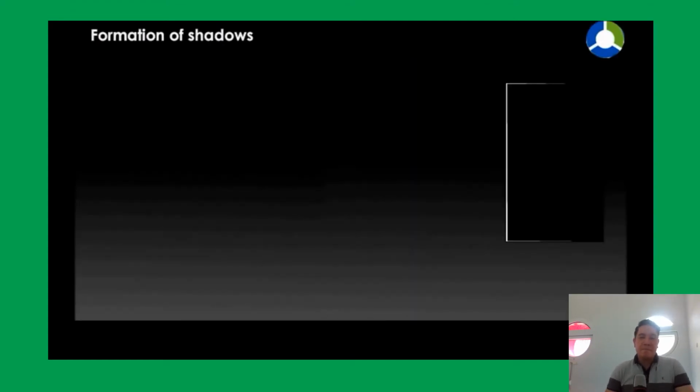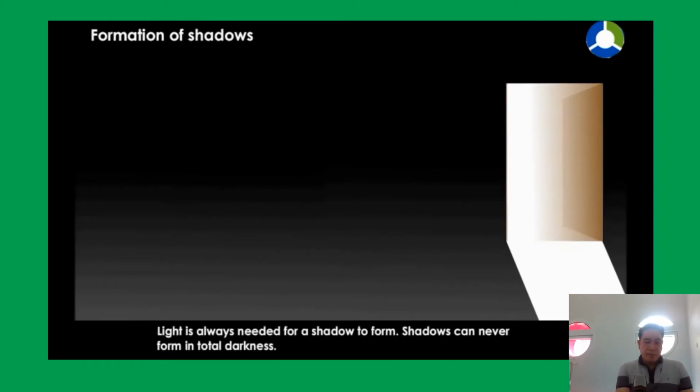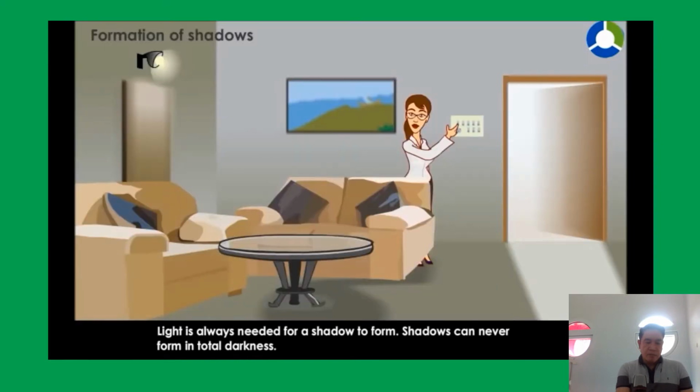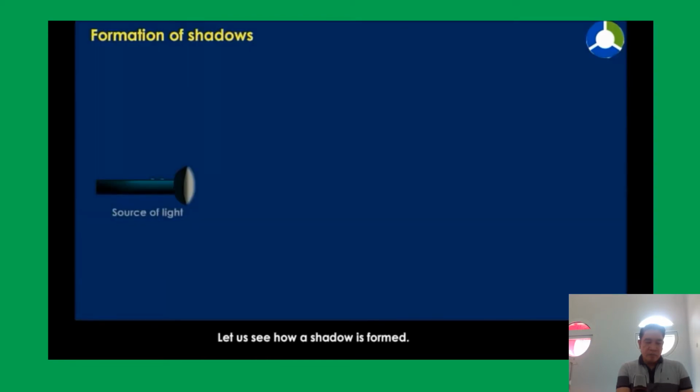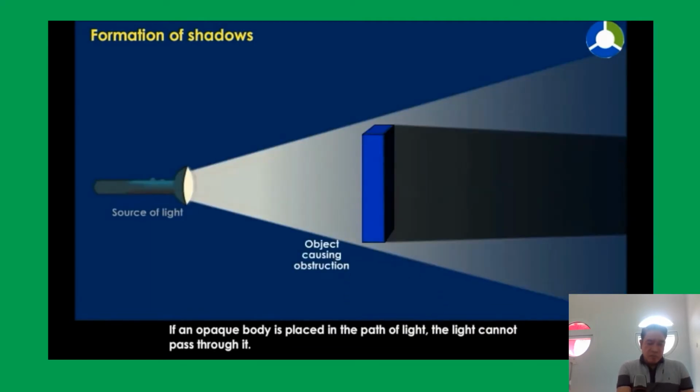Formation of shadows. When there is some obstruction in the path of light, we see a shadow. Light is always needed for a shadow to form. Shadows can never form in total darkness. Let us see how a shadow is formed. If an opaque body is placed in the path of light, the light cannot pass through it.